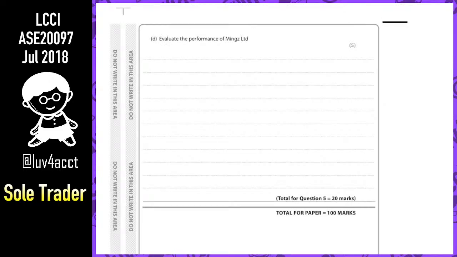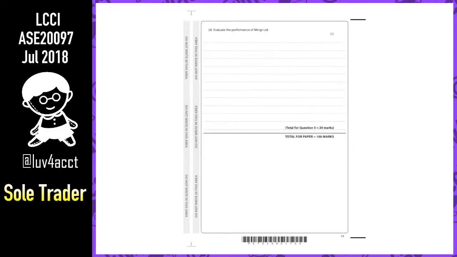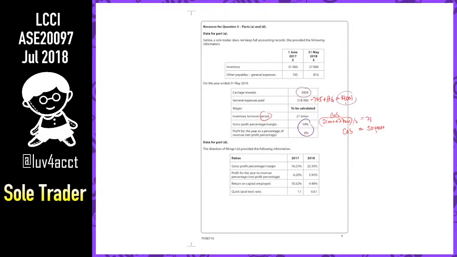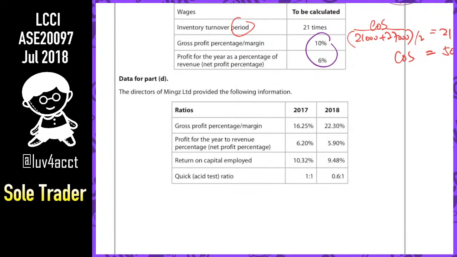Last one, evaluate the performance of this company. Let us take the ratios and see. This company from year 2017 to year 2018, is there any improvement?